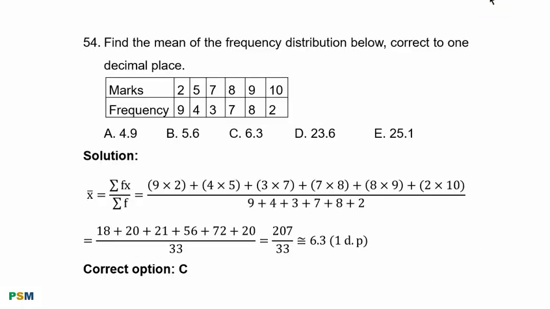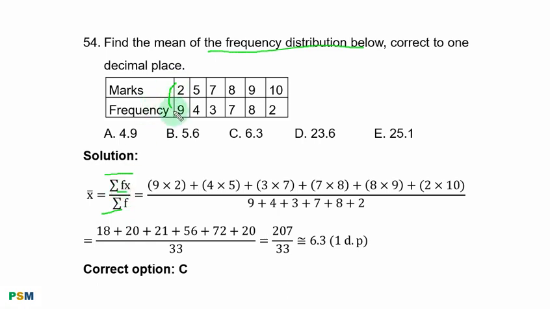Question 54. Find the mean of the frequency distribution below correct to 1 decimal place. Solution: mean is given as summation fx over summation f. The marks represent x, frequency f. fx means f times x.